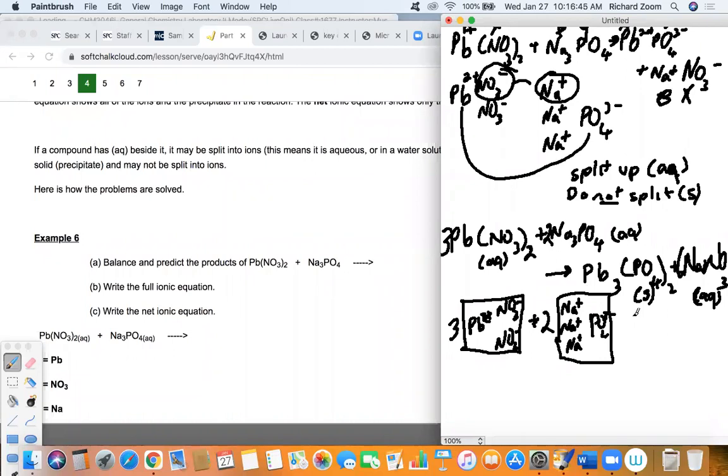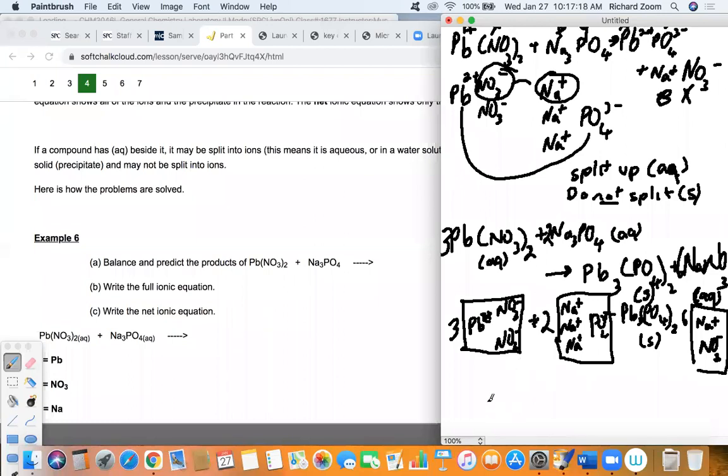The Pb3(PO4)2 we don't do anything with, it remains as a solid. And then the other one is going to be 6 boxes that contain Na plus and NO3 minus.